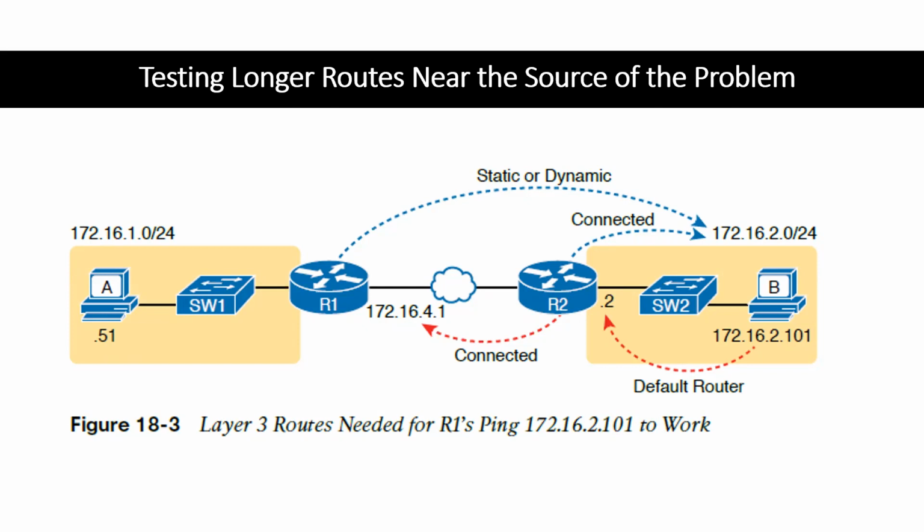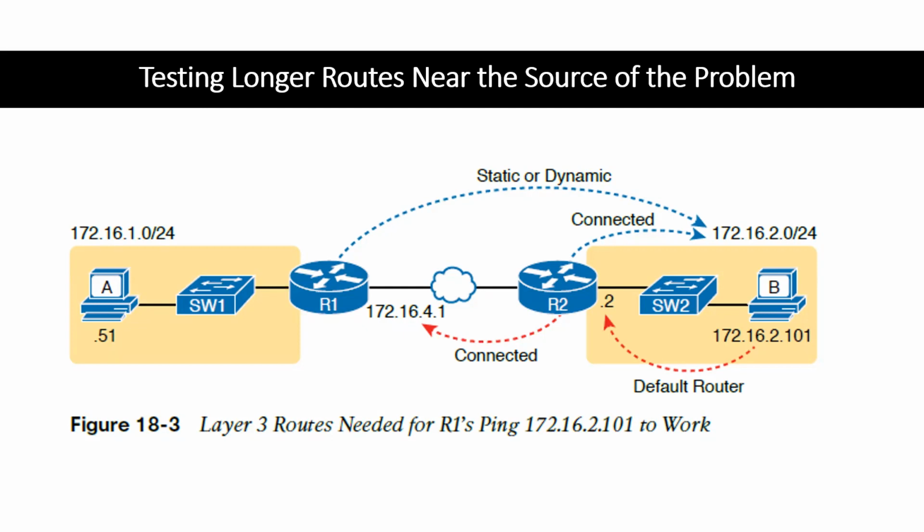Him checking R1 and R2's interfaces is a good strategy. It's a good process. But how much more efficient and less time consuming would it be if he went ahead and tried to ping the switch, SSH to it, and check layer 1 and layer 2 for that connection?